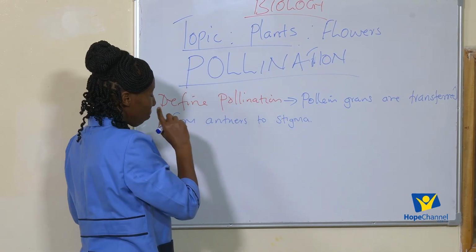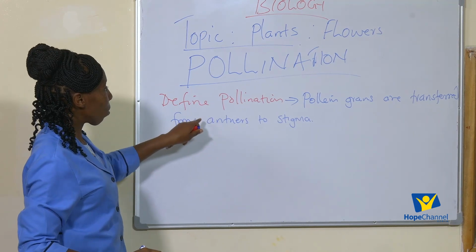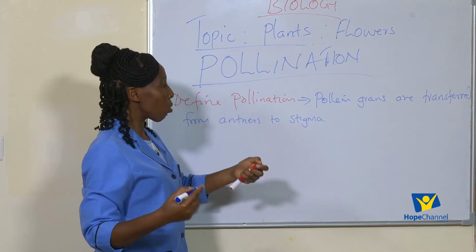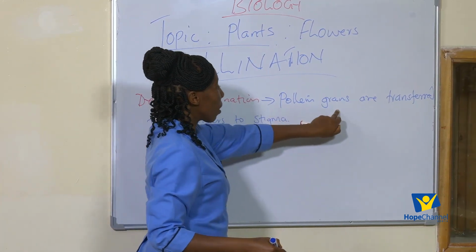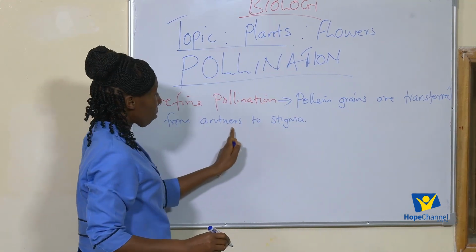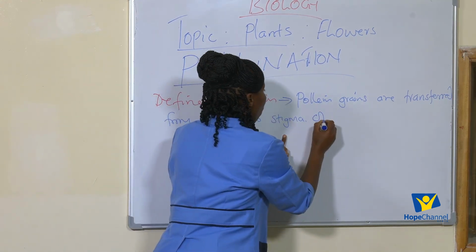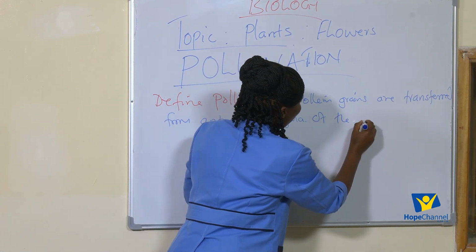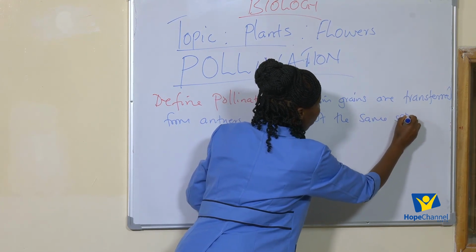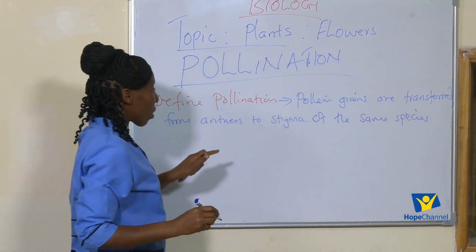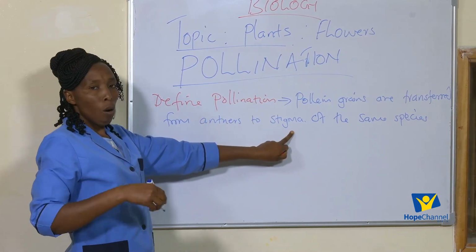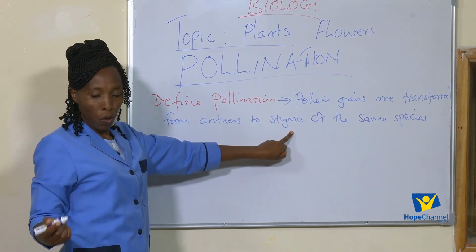Pollination is a process whereby pollen grains are transferred from the anthers to the stigma of the same species. So we transfer pollen grains from the anthers to the stigma of another flower of the same species.